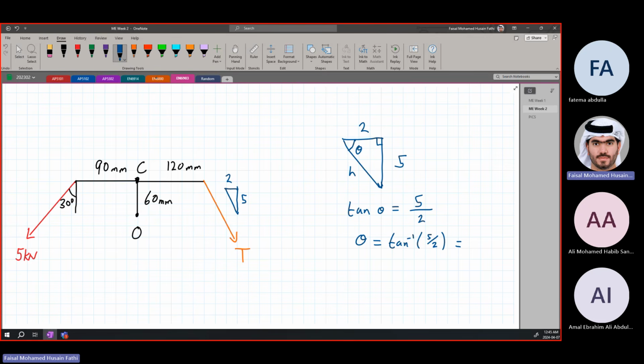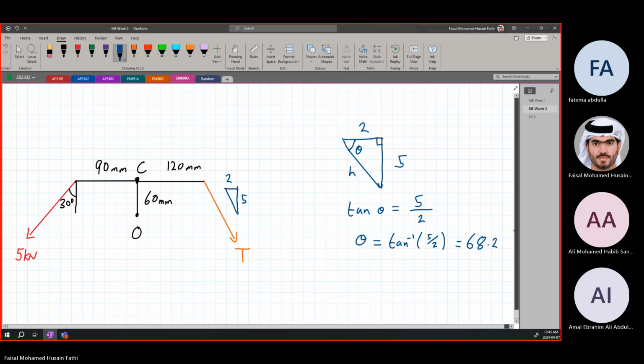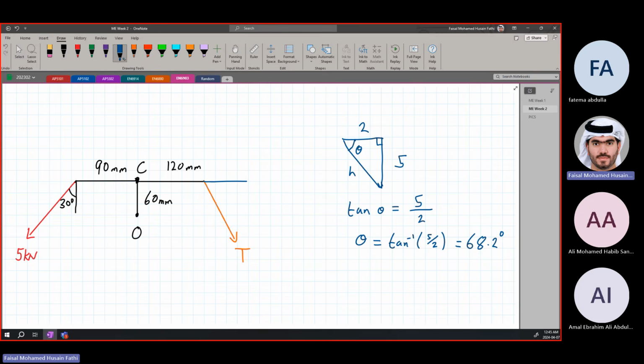The tan inverse of it is 68.2 degrees. تمام. Where is this angle? It is here. الحين بنمسح هذا 2 5. We don't want to look at that ugly thing. هني الانجل بيكون هذا الانجل theta, which is 68.2 degrees.